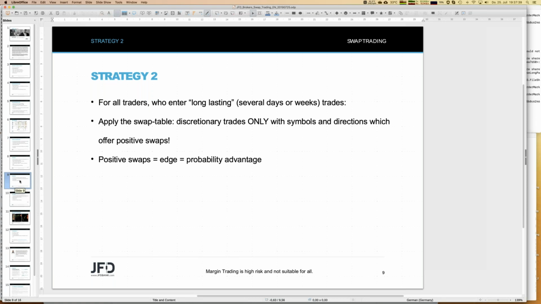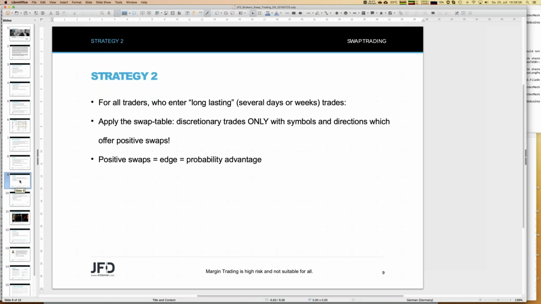As I mentioned, a long trade or short trade in US dollar Swiss franc would cost you 12 euros per night for one lot. You must have a very good trade to compensate for that. So I would not go into any such trade. Even if the chart is telling me a wonderful idea, I must go into that trade, I would not do it, just because of those swap costs.